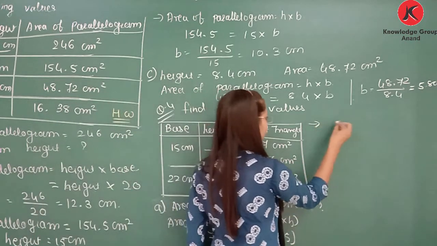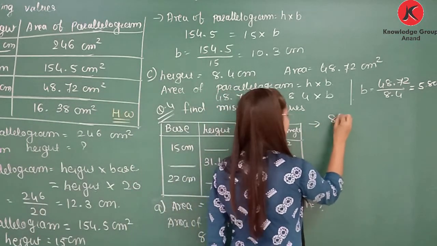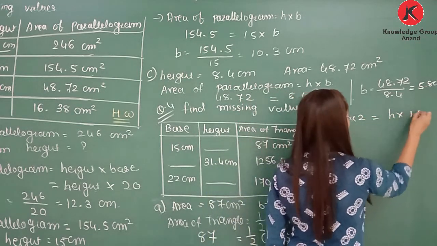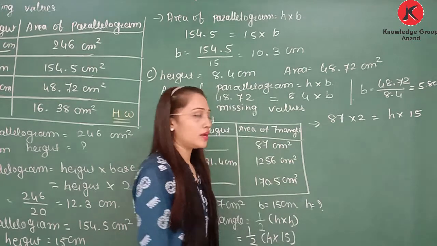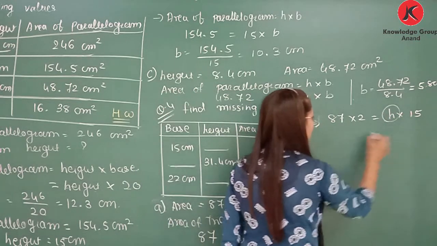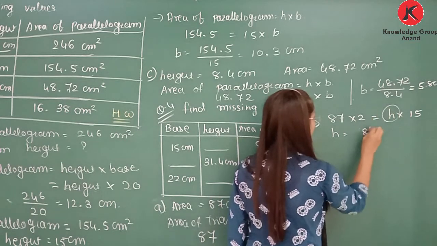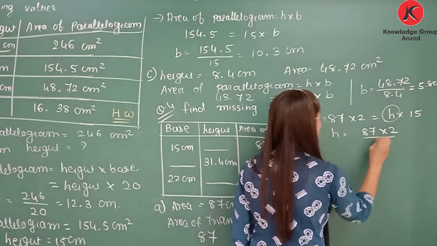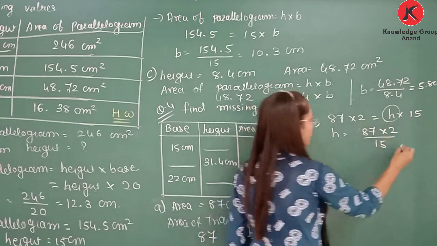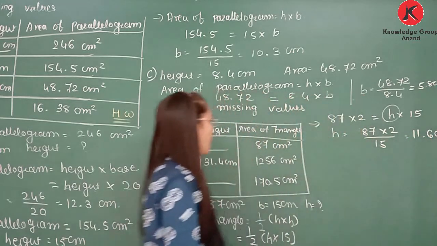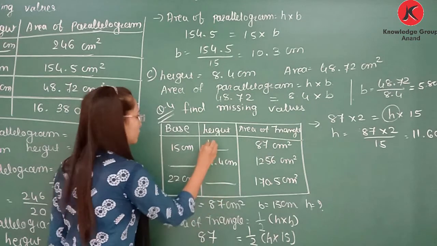So 87 multiplied by 2 is height multiplied by 15. To find height, divide by 15. If you solve this, you will get 11.6 centimeters. That is the height of the first triangle.